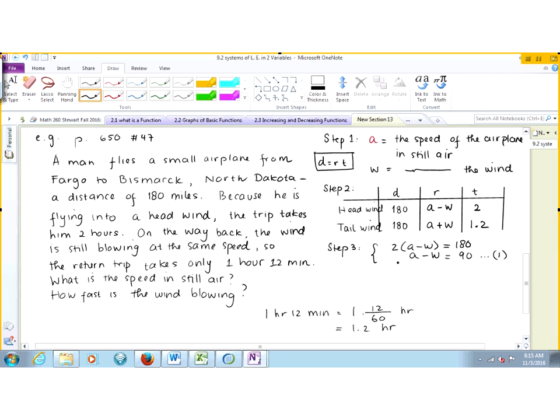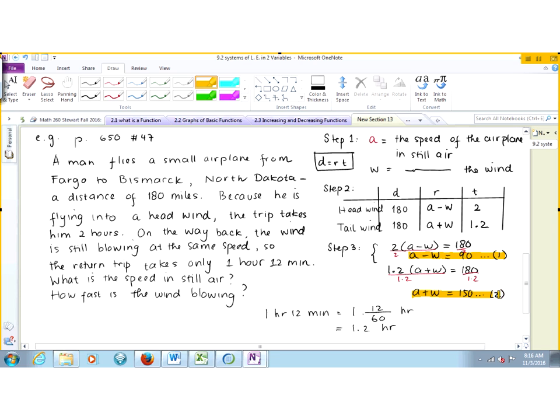What is the other equation? 1.2 times A plus W is equal to 180. Can I divide by 1.2 both sides? What is 180 divided by 1.2? 150. So A plus W is equal to 150. This is equation 2.